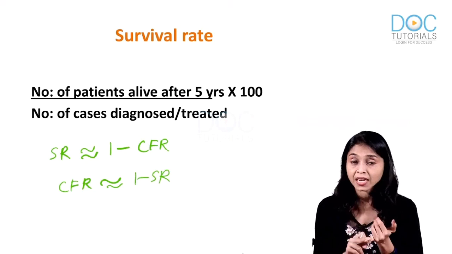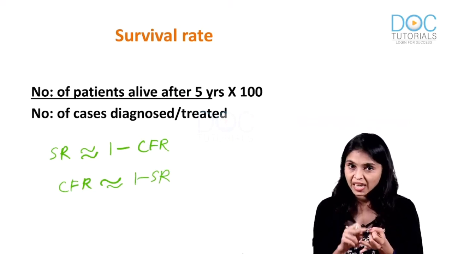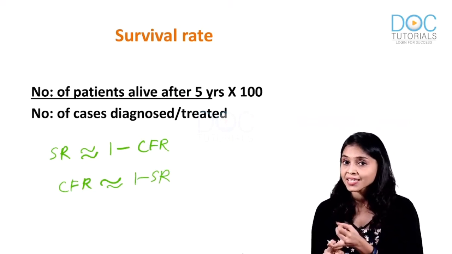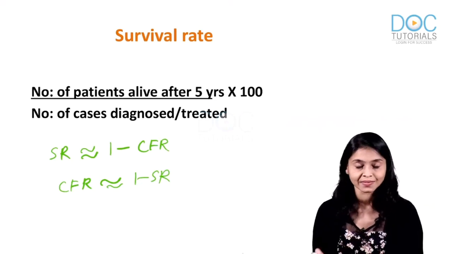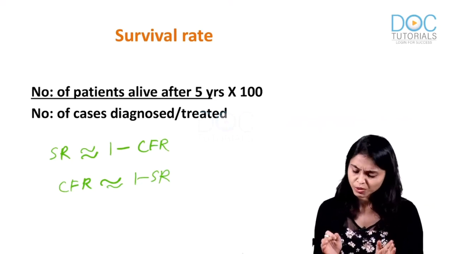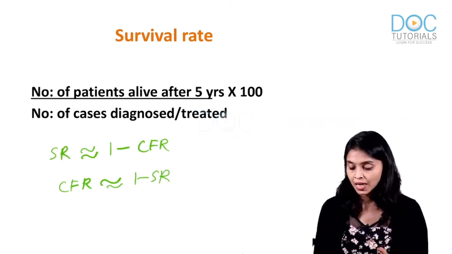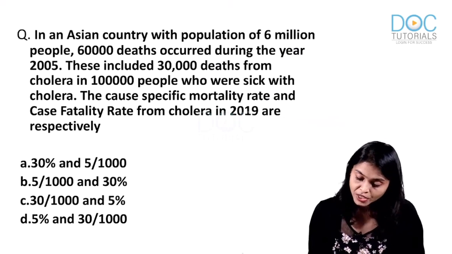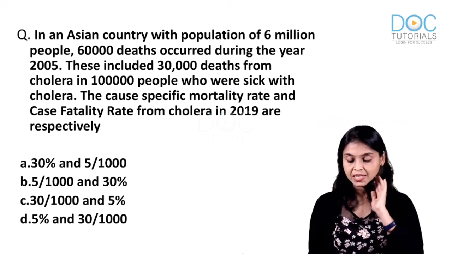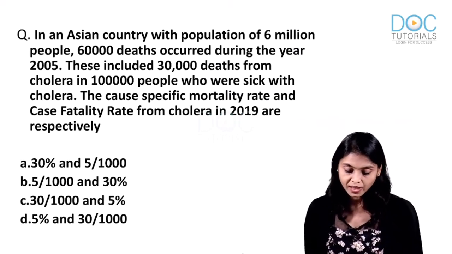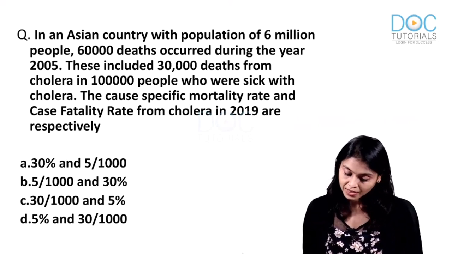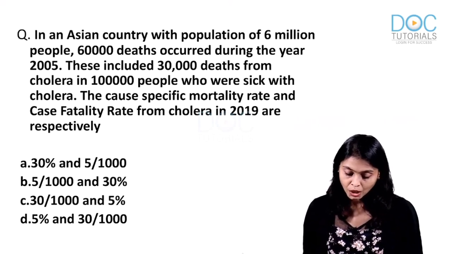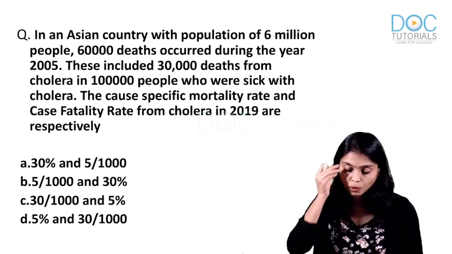So we have seen the formula, the name of the indicators, and the third that I said is the problem-based question. I'm sure you have learned the formula. Now let's see how to apply that in solving problems. One frequently asked question: in a country with a population of 6 million people, 60,000 deaths occurred during the year 2019. These included 30,000 deaths from cholera in 10,000 people who were sick with cholera.